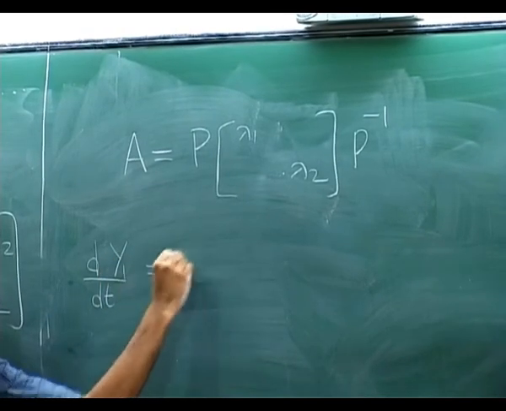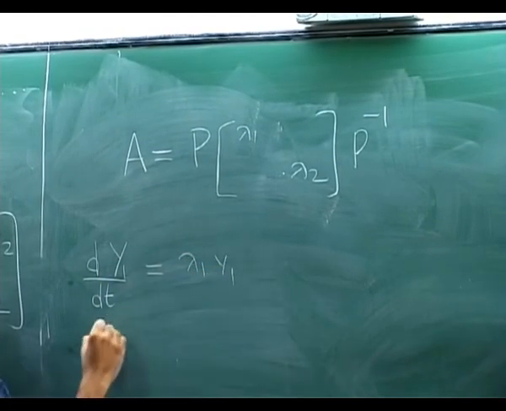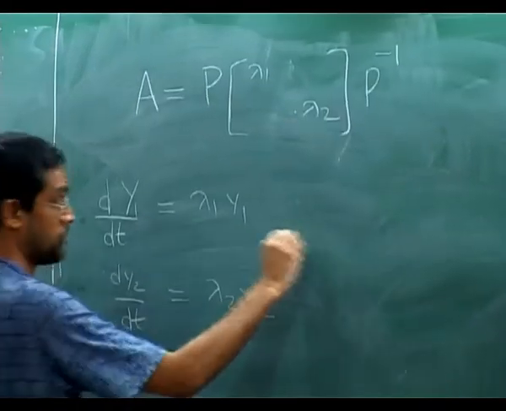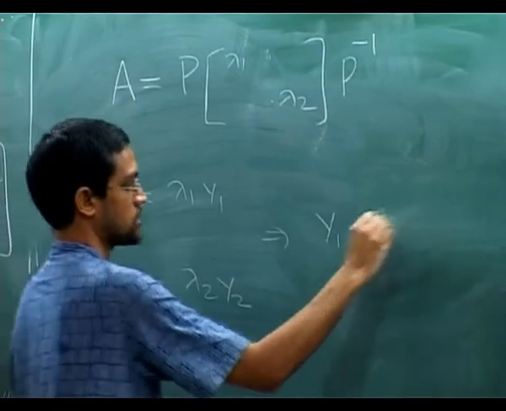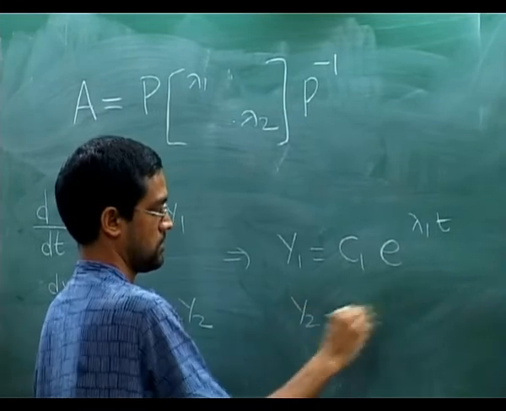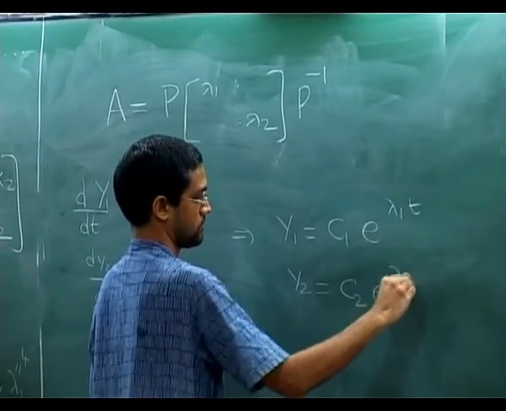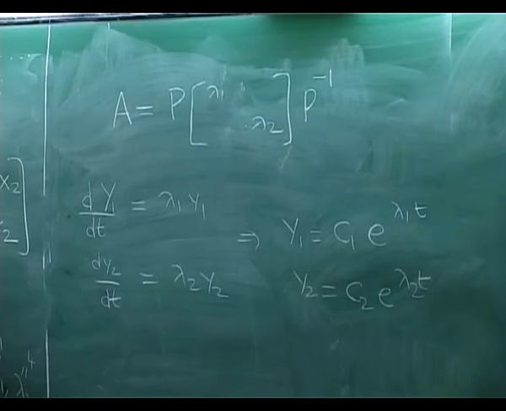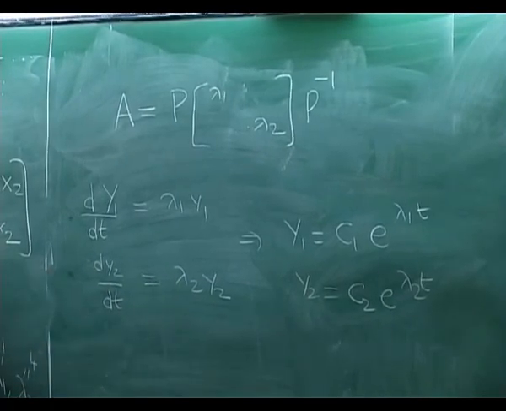So dy1/dt will be lambda 1 y1, dy2/dt will be lambda 2 y2. So therefore, I solve for y1 and y2. That's some e to the lambda 1 t, e to the lambda 2 t. Okay, so these two I solve, and then how do I come back to calculate x?